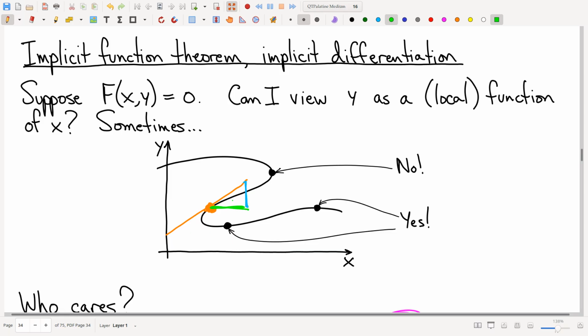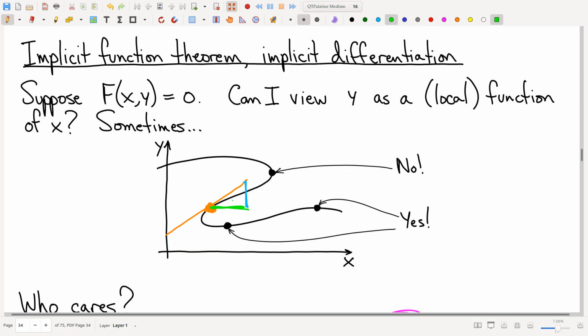And so what we call the slope of this line would be dy dx. Said differently, dy dx, a derivative that we might reasonably want to compute, would tell me about this orange line. It would tell me, what's blue divided by green?